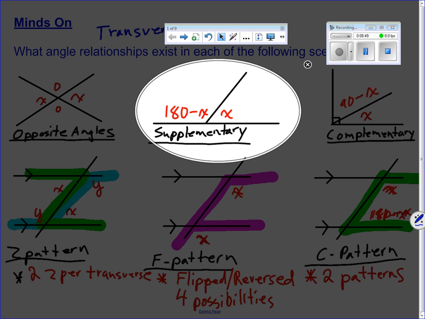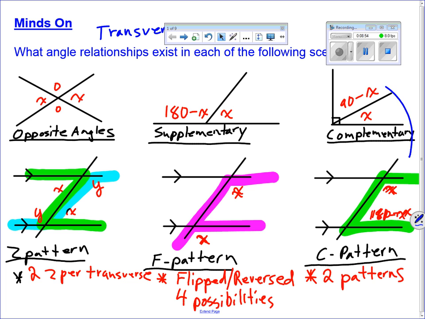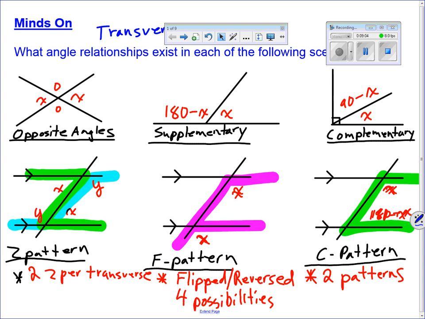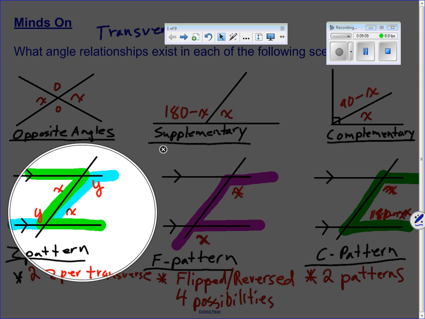That's why we have X and 180 minus X. For complementary angles, the total of both angles should be 90 degrees. And then from here, we started looking at our Z patterns. Our Z patterns come in only 2 possibilities, a normal facing Z and a backwards facing Z. And basically, the kinks in our Z patterns allow us to find matching angles.